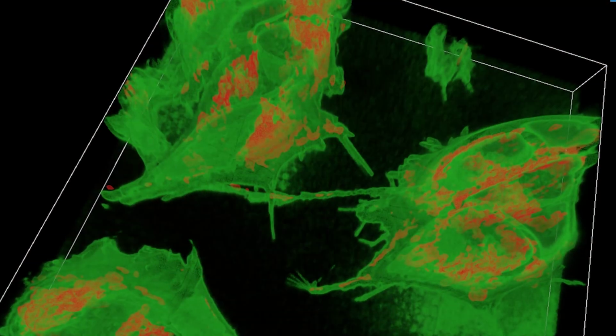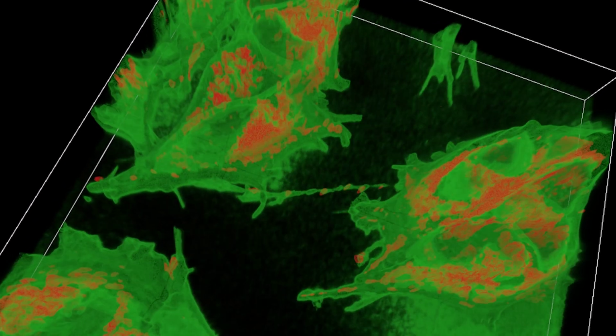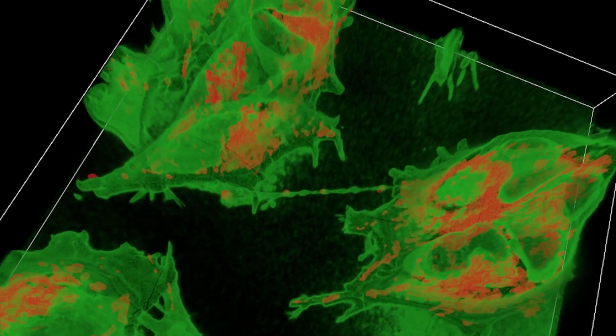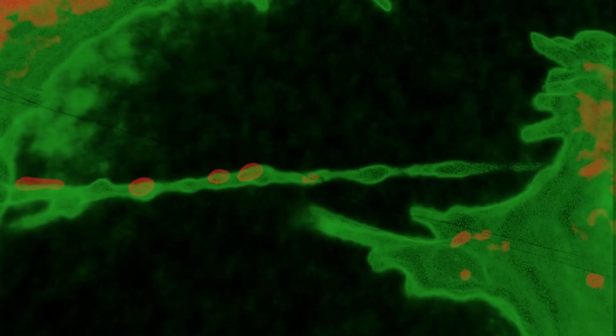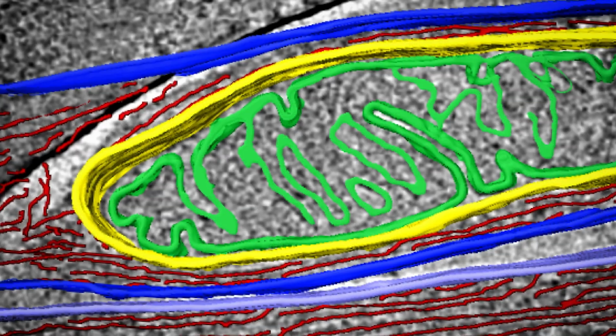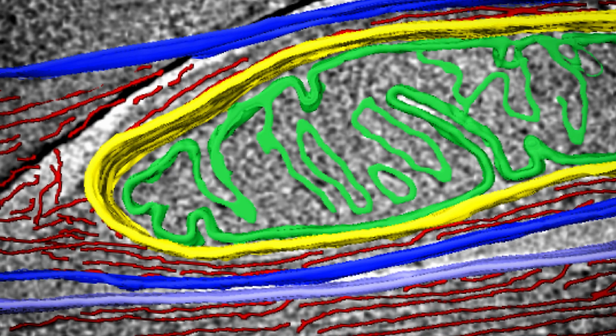To check if organelles like mitochondria could move through iTNTs, we performed time-lapse imaging and observed that mitochondria could move between 2 cells via TNTs. Using cryo-electron microscopy, we confirmed that the mitochondria were actually inside of iTNTs.